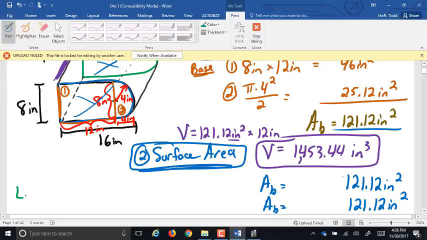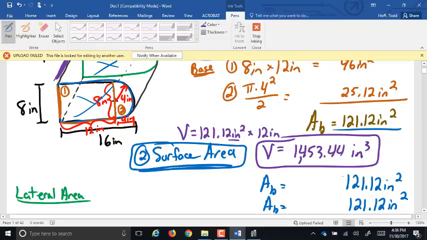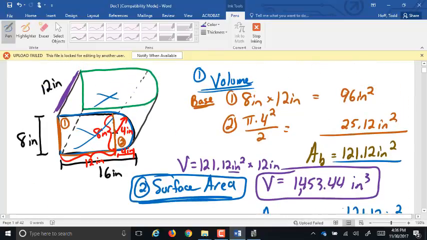We need to look at the lateral area. We need to know the perimeter of the base and the height. We have the height, that 12 inches, the same as the height we used for our volume. We need the perimeter of the base.